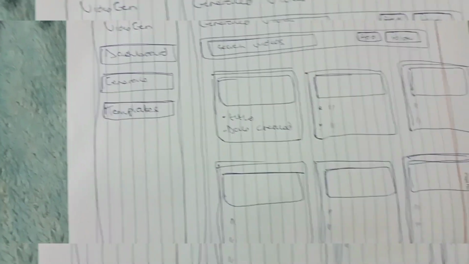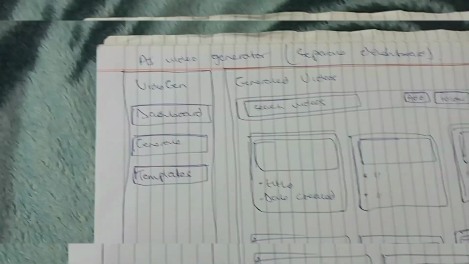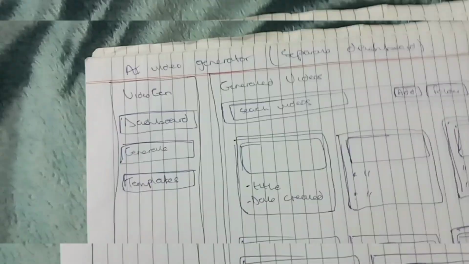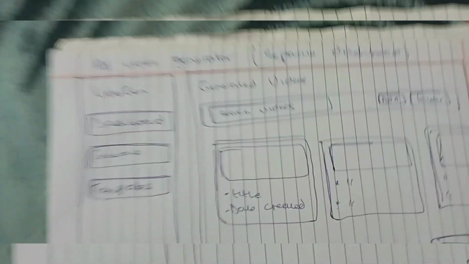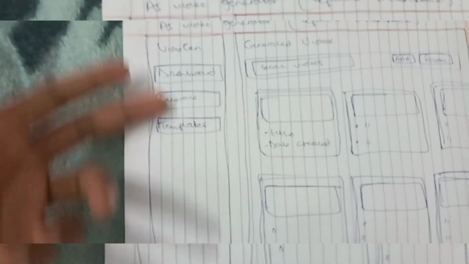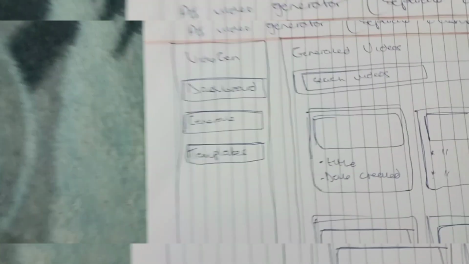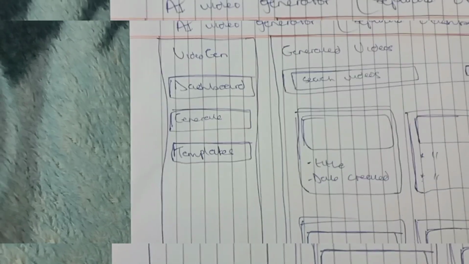So this is your boy's revolutionary design of the AI video generator. We start with a pretty simple, well-known, super simple design. We have our dashboard, with a nav bar on the side. There are only three options: the dashboard, generate, and templates. The dashboard is your home page.